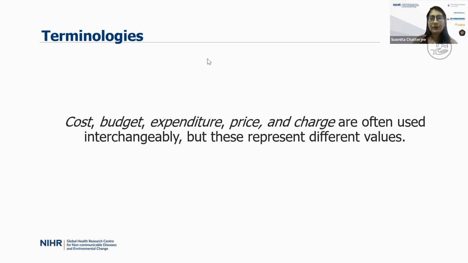I will talk about how to do that. But what I'm trying to say is the difference between cost and charge, I hope it is clear to all of you, that these are different terms, and you have to be very clear when you use them, and you should know which one to use when.